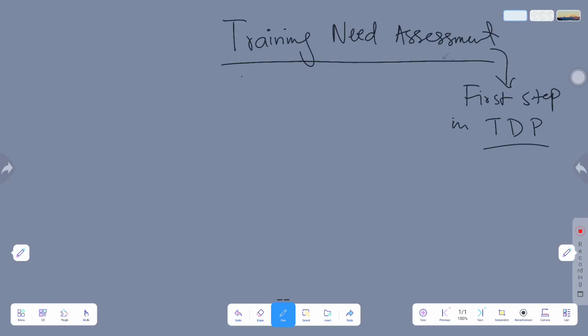We are discussing training need assessment, and training need assessment is the first step in the training design process.